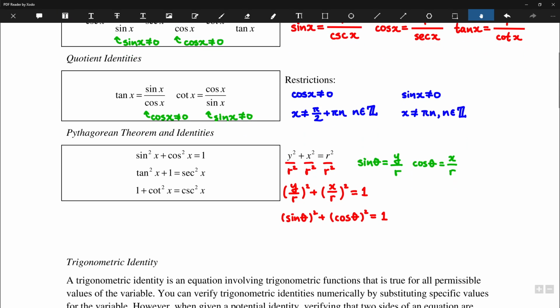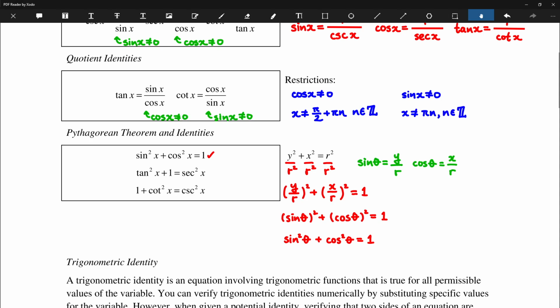And of course the square on the outside of the parentheses can be rewritten, so we have sine square theta in the first term, and cosine square theta for the second term, and that's equal to 1. So that's how we can derive this identity here.